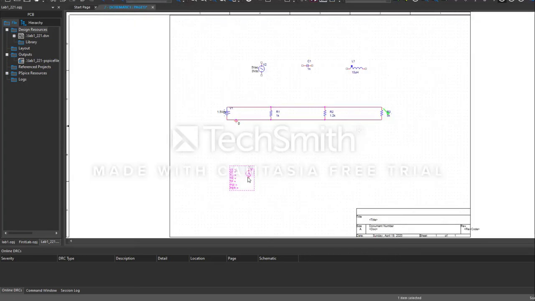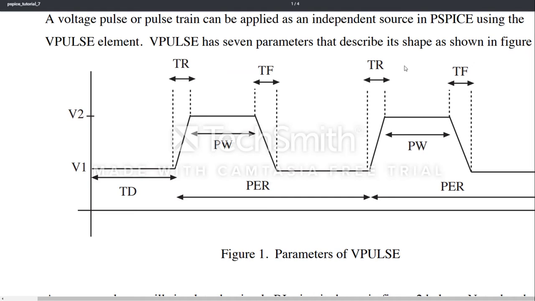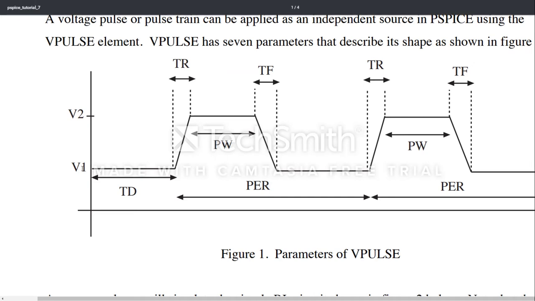Now it has a bunch of parameters and I just want to introduce what they are. Now V1 and V2 are the lower and the higher voltage. Let's go to this figure. Now V1 in our pulse should be 0 and V2 should be 5, right? The low voltage and the high voltage.